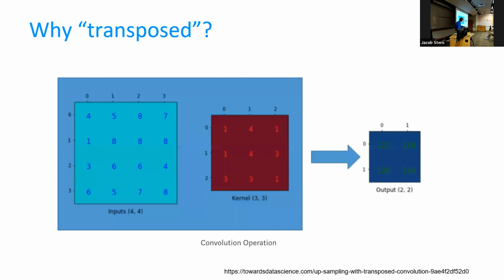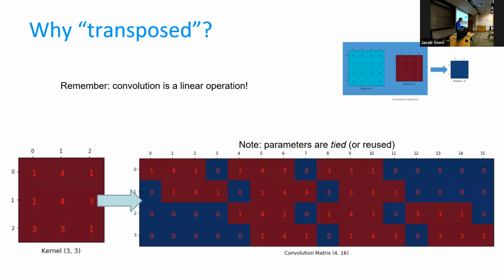So how does it work? Well, suppose we have an input of size 4 by 4, and we apply a 3 by 3 convolutional kernel to it to get a 2 by 2 output. I've talked in the past about how convolutions are basically sparsifications of fully connected layers, and this is what I mean.